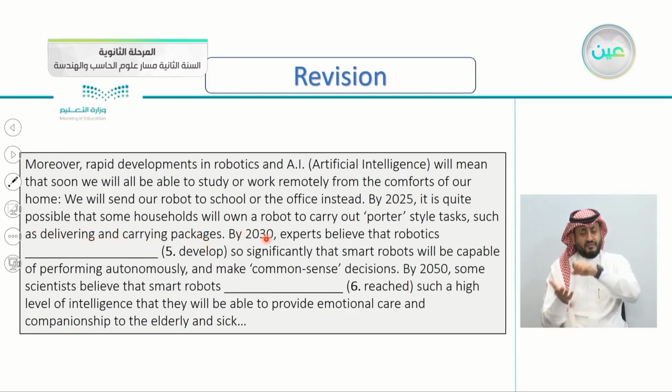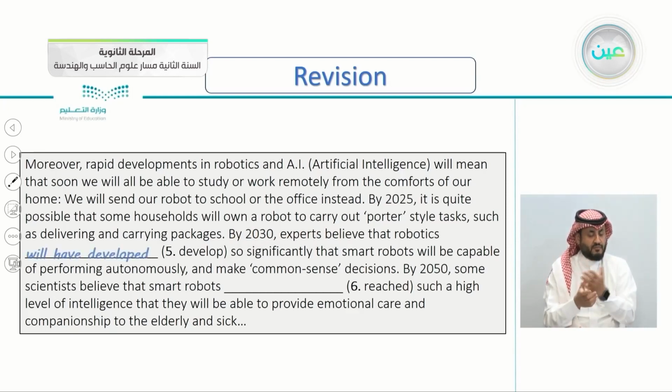By 2030, experts believe that robotics develop so significantly that smart robots will be capable of performing autonomously. So, by 2030, experts believe that robotics, so we're talking about two events here, two things.